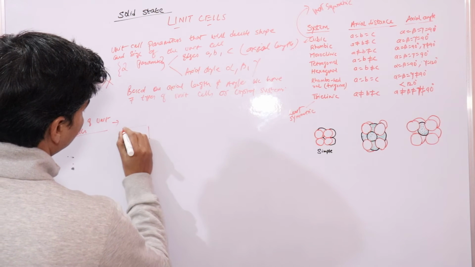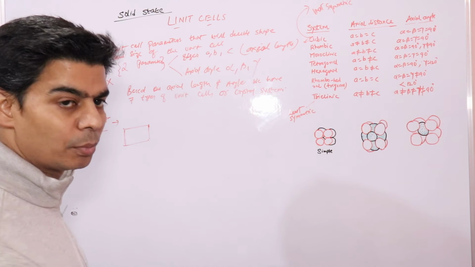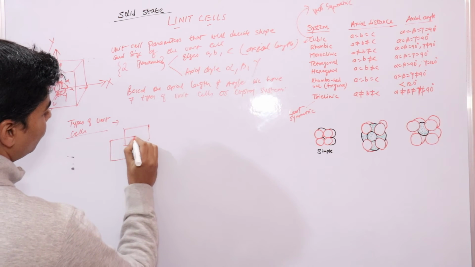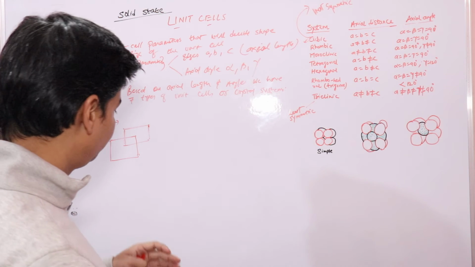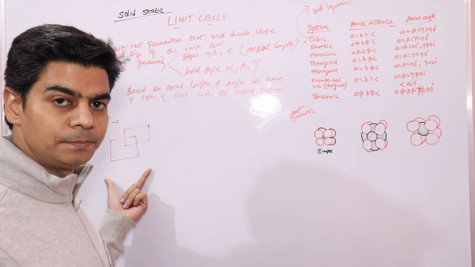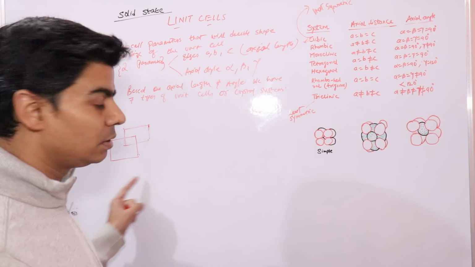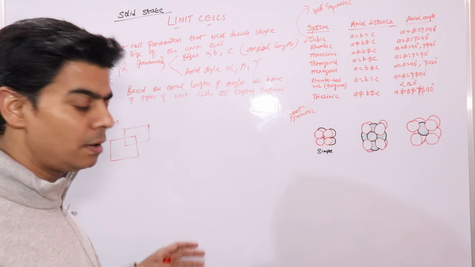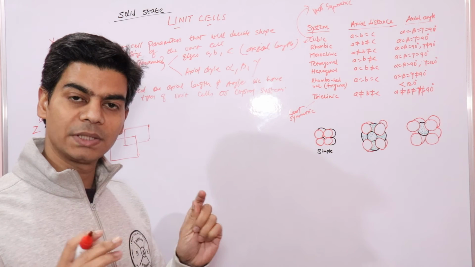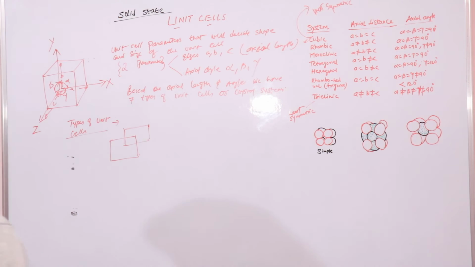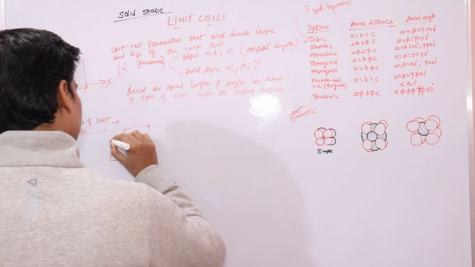Since we said that the simple form of unit cell is your cubic, this one, right? Now we got to know one more thing, that in simple types of unit cell, or the simple cubic unit cell, or we also call it primitive unit cell, the constituent particles are present only at the corners of the unit cell, right?